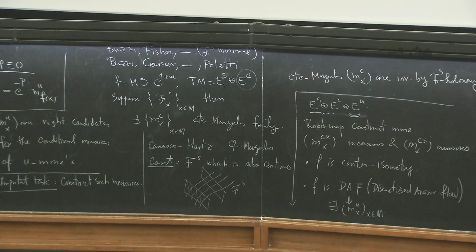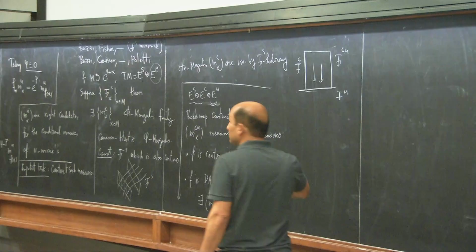These are center unstable leaves, here are unstable leaves, and here is center. So you want to induce a measure on FU, and then you use some properties of the dynamics to construct this measure.